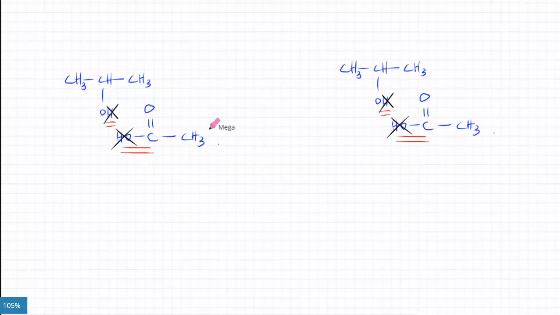Okay, on that side. The OH is gone and this H is gone, and you just link them. You link them together, and that's your ester link. You've got a double bond O right next to another O, so that is your ester link.